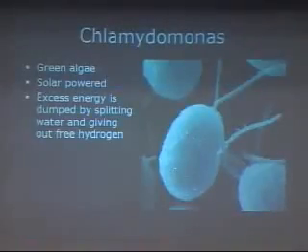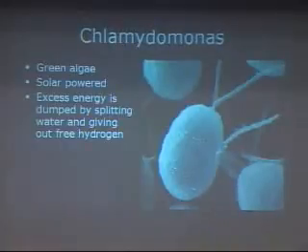Now, one example of this is green algae, the very small material that you may have come into contact with. Algae is very interesting as a material because it is, again, wholly solar powered.